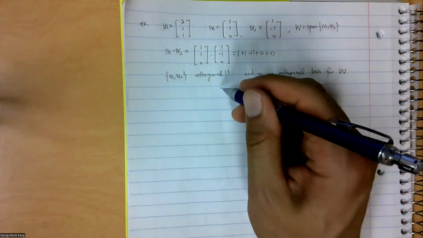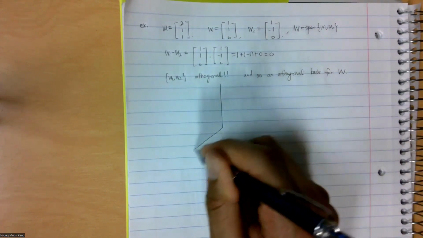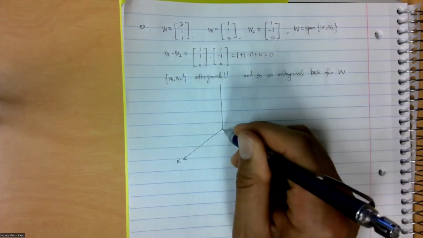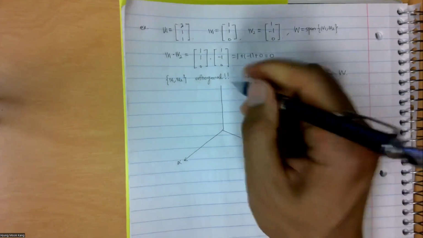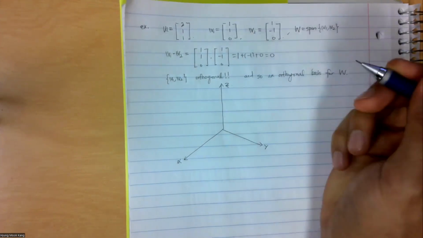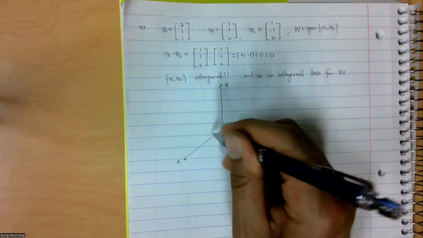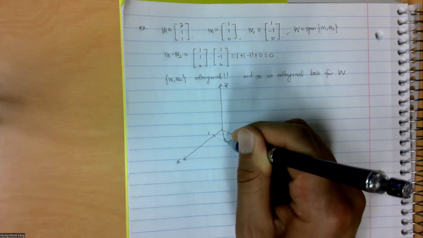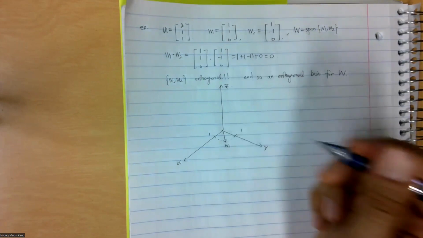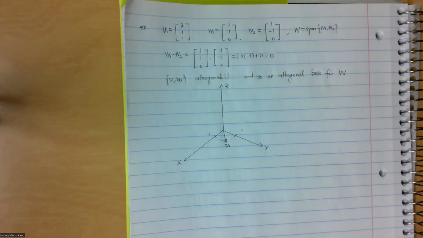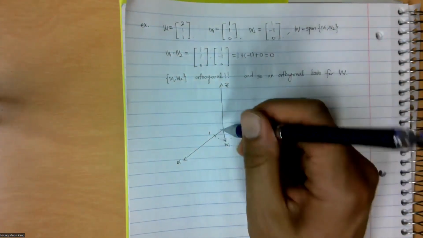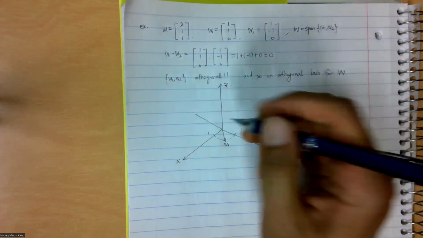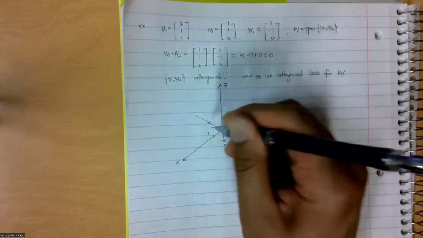Let's draw this graphically. So here's our x, y, z coordinate system. Let's draw v1, which is (1, 1, 0), so it's going to be somewhere around here. For v2, (1, -1, 0), we extend y to the negative side.